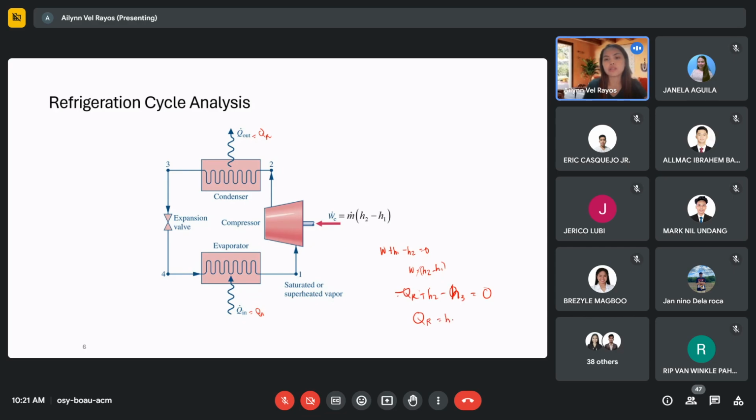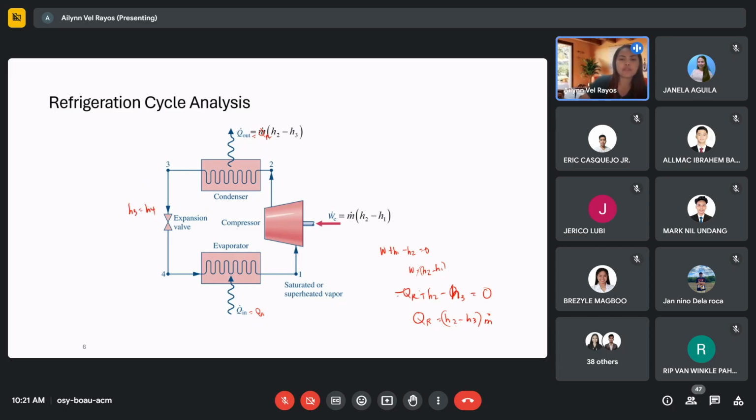Then, equals H2 minus H3. So, pag may mass flow rate tayo, multiply lang natin siya sa mass flow rate. So, that is mass flow rate multiplied by H2 minus H3. So, for expansion valve naman, since we have isenthalpic process, we can say that our H3 is equal to H4.